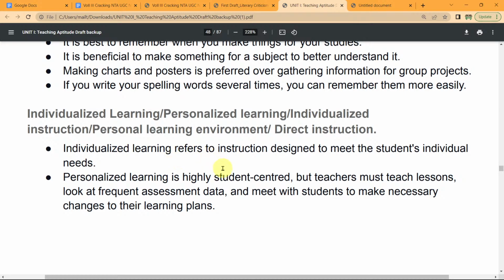So individualized learning refers to instruction designed to meet the student's individual needs. Personalized is like, suppose Priya is saying, sir, I want to learn through mock tests, and through PYQs, and I also need lectures, I also need PPTs, and her requirements are so many. So based on all these requirements, what does the teacher do?